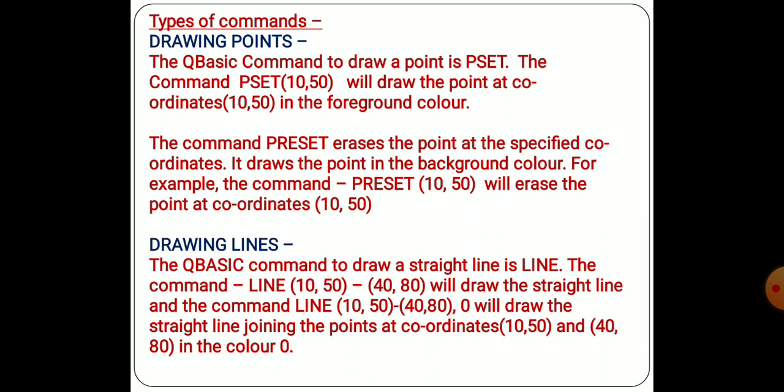Drawing lines. The QBasic command to draw a straight line is LINE. The command LINE 10, 50, 40, 80 will draw the straight line joining the points at coordinates 10, 50 and 40, 80 in the color 0.